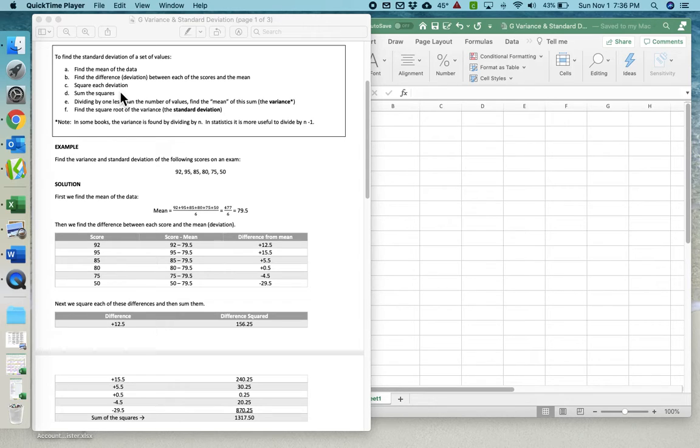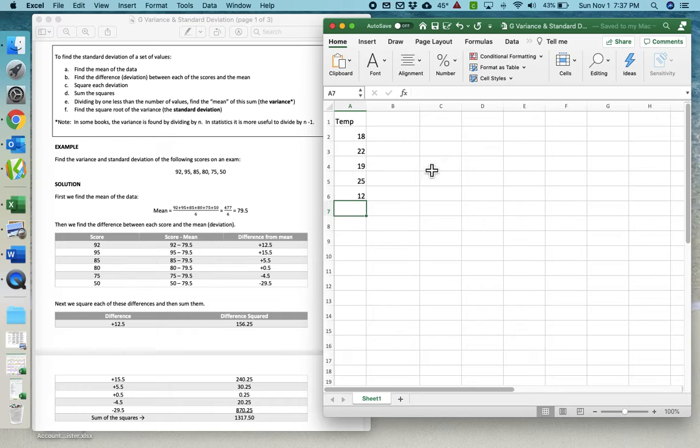We square each deviation, find the sum of the squares, divide that sum by one less than the number of the values. We call that n minus 1. And then find the square root of that, and that tells us the standard deviation.